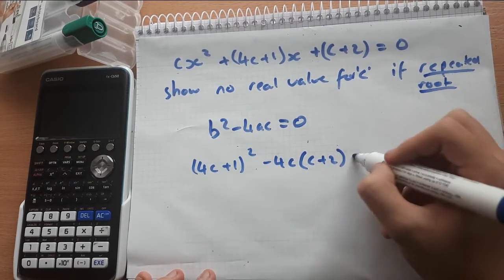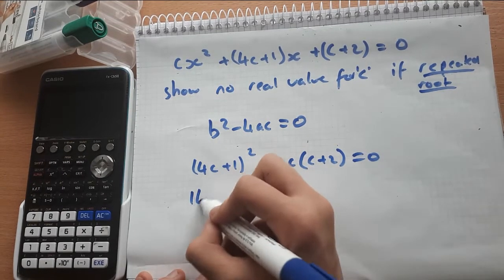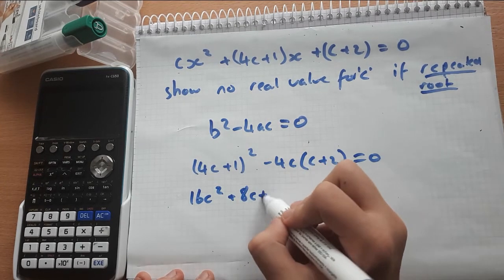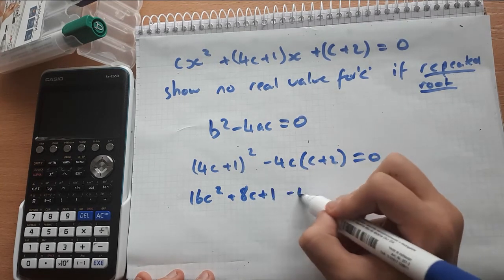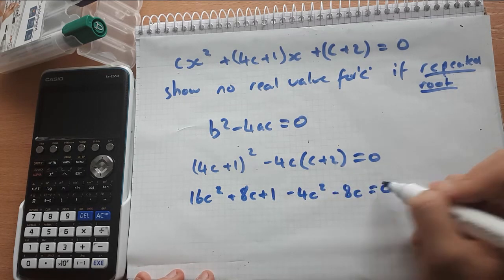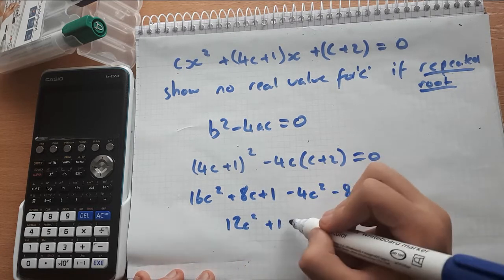Whenever this is equal to 0, whenever we expand, we get 16c squared plus 8c plus 1 minus 4c squared minus 8c, which is 12c squared plus 1 equals 0.